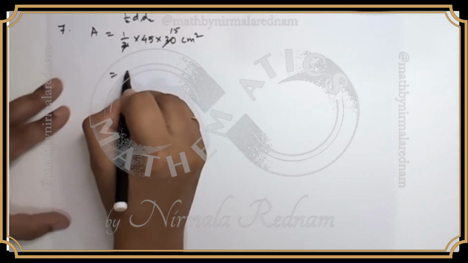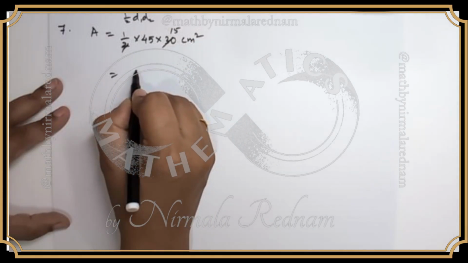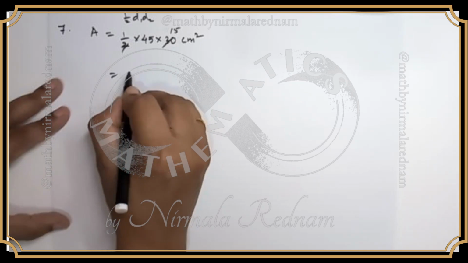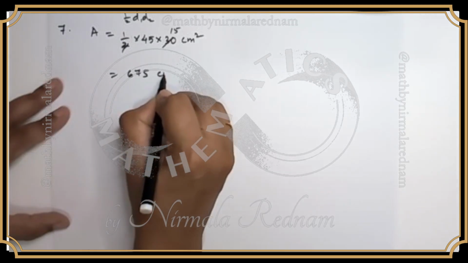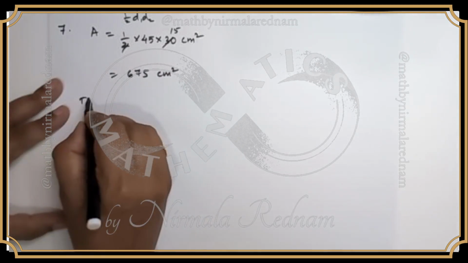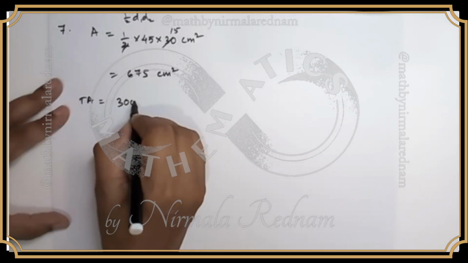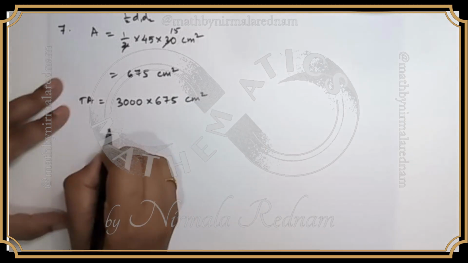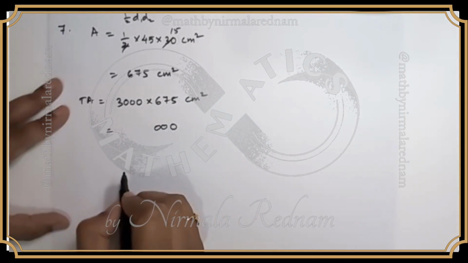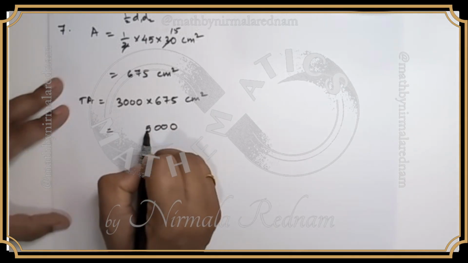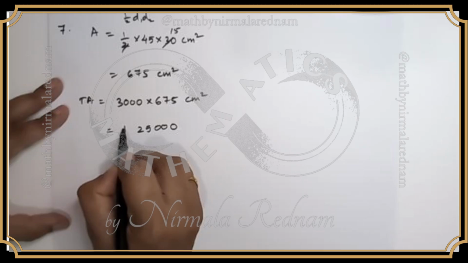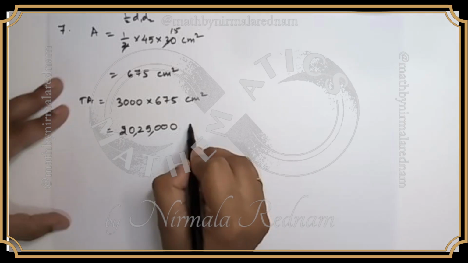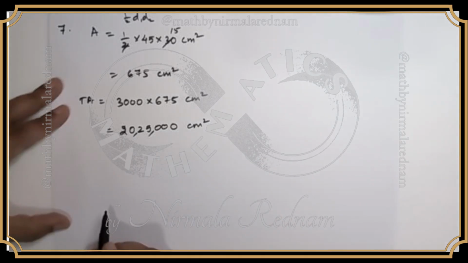And this is nothing but 675. This is the area of one tile. Total area is 3000 into this figure, right? Because I have 3000 such tiles. So I will have 2025. Okay. This is the total area.